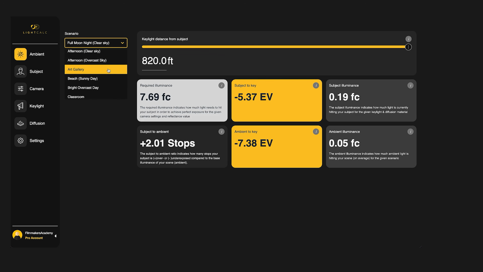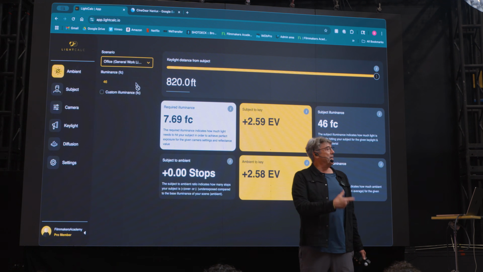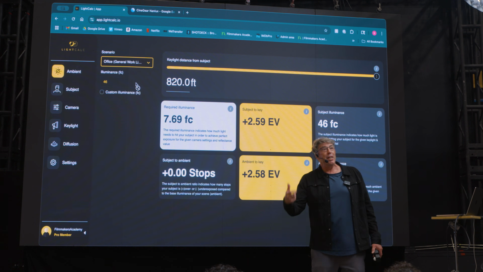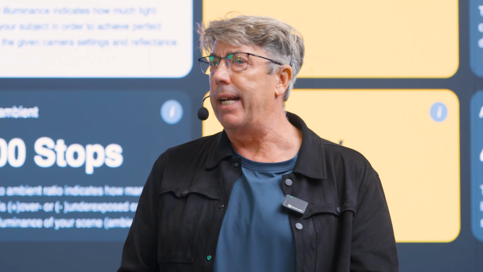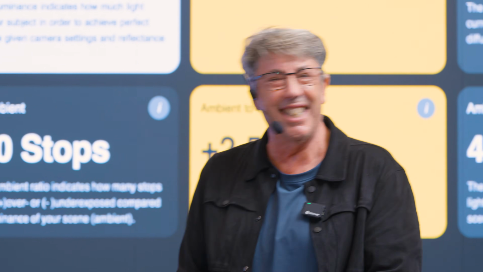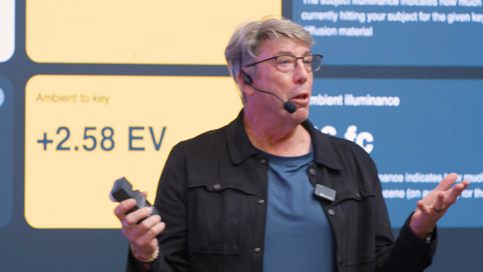Let's go to an office, general office. There was even one in there that was operating room. Can you imagine? He goes, hey, I know I'm here for the surgery, but can I take an ambient reading in here? It's like, what? But he's done this, and that's what's really cool about this.